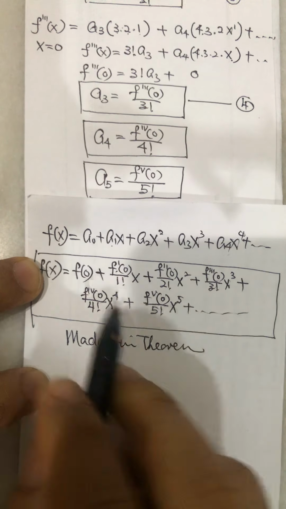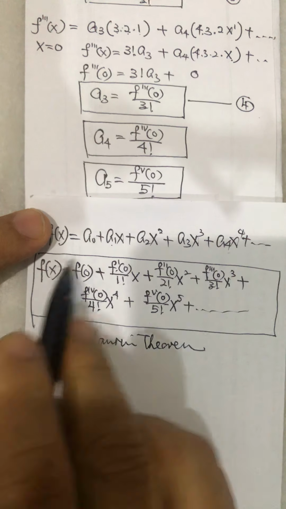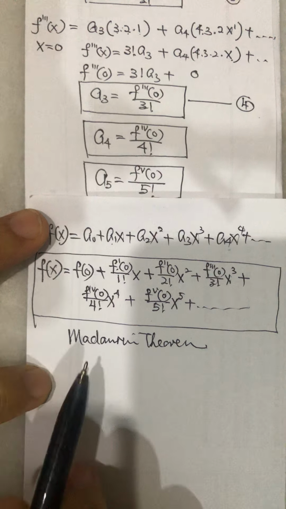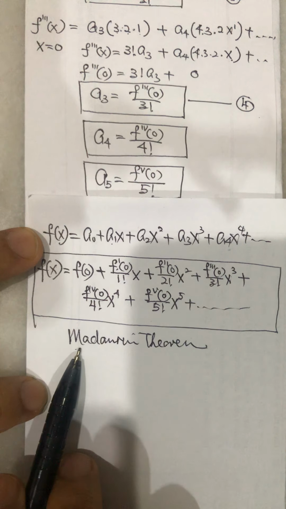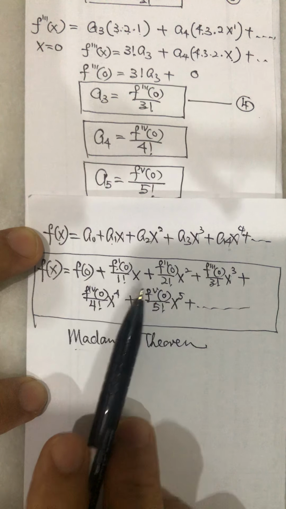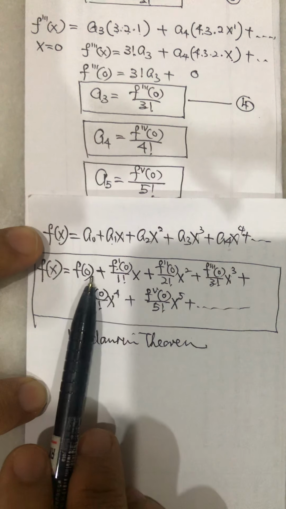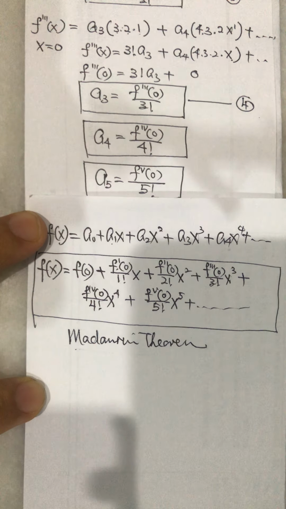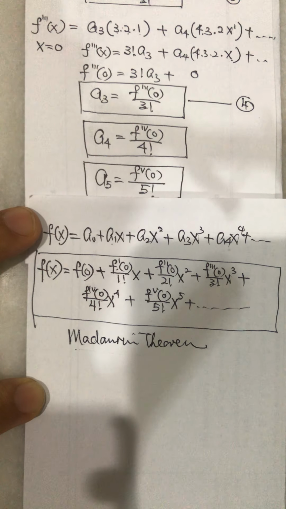And what we have got, this series, we call it a Maclaurin series. Okay, so now after that, of course, in the next video I'm going to show you how to use repeated differentiation to get this series for different functions. So we are going to do that in the next video.